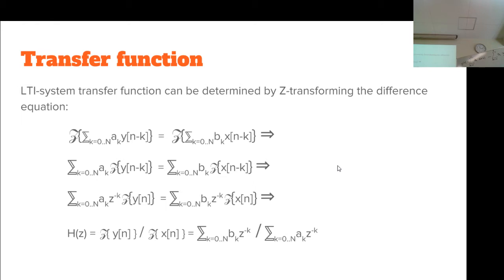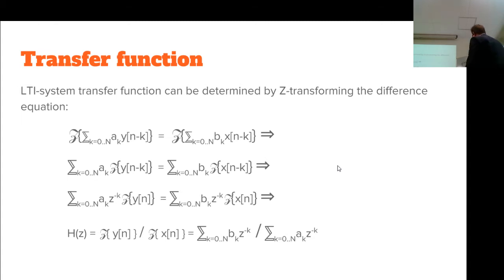But the output also has the feedback: the previous value, the value before that, and so on. All of these also have scaling factors on the feedback, a1, a2, and this continues that way. So that's the forward type of presentation of the block diagram for this system.